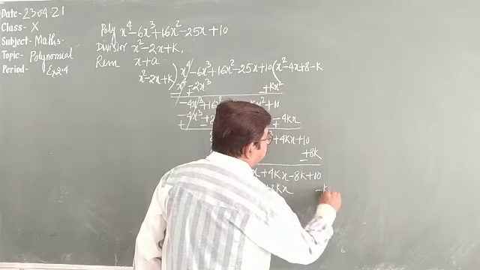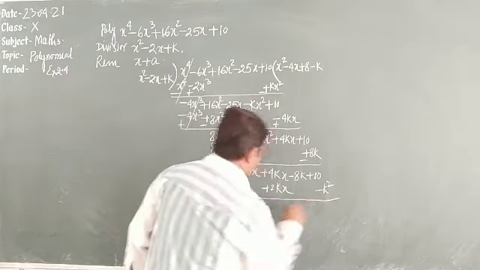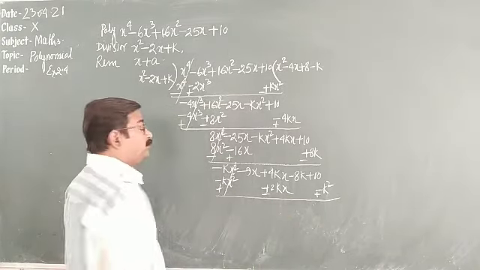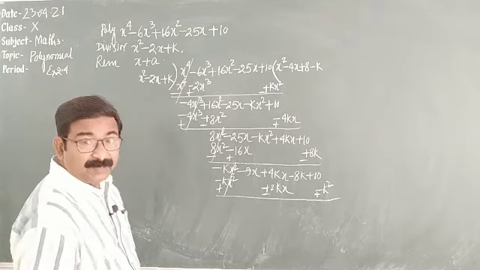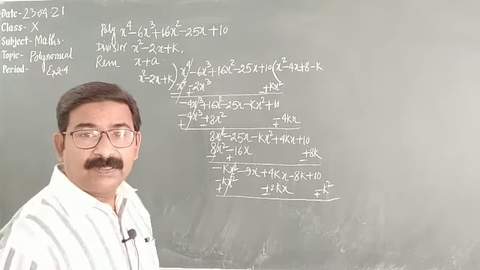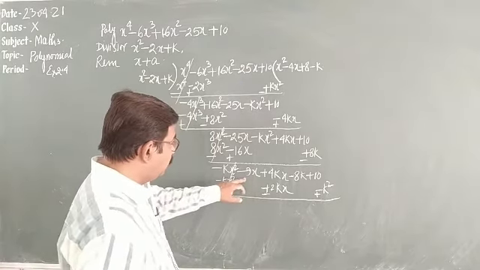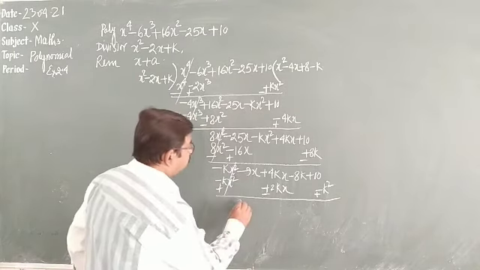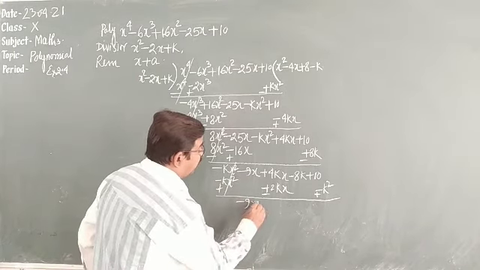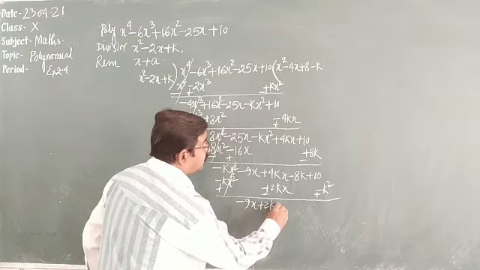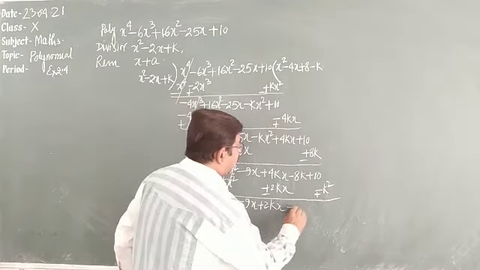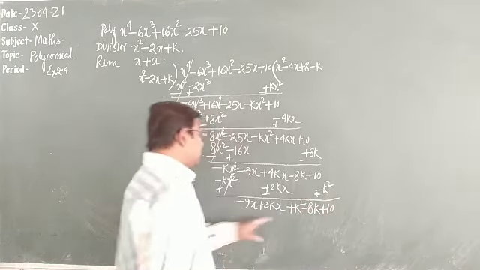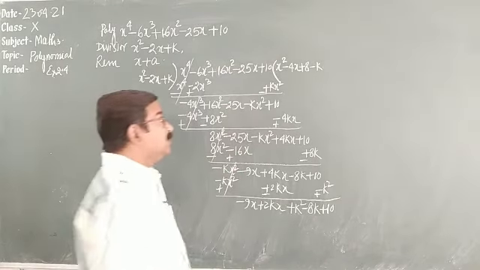We change the sign: plus, minus and plus. This will go. Now what is left? We have minus 9x plus 2kx, and plus k square minus 8k plus 10. This is the remainder.